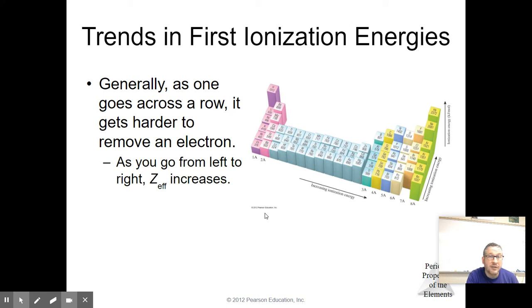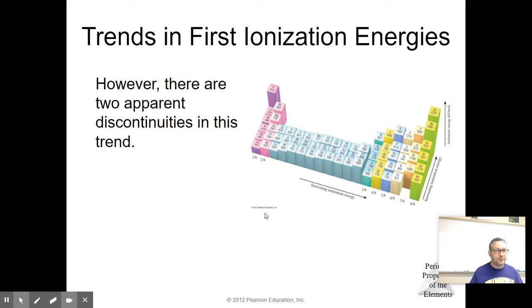And that is because of your effective nuclear charge, or Zeff. Again, Zeff is basically the hold that the protons have on the valence electrons. And as we go left to right, your Zeff increases. So you are going to need more energy to remove electrons as you go left to right. So left to right, ionization energy increases.